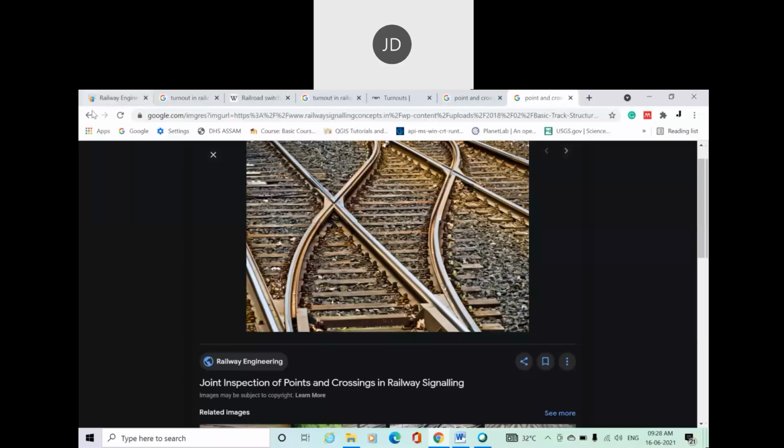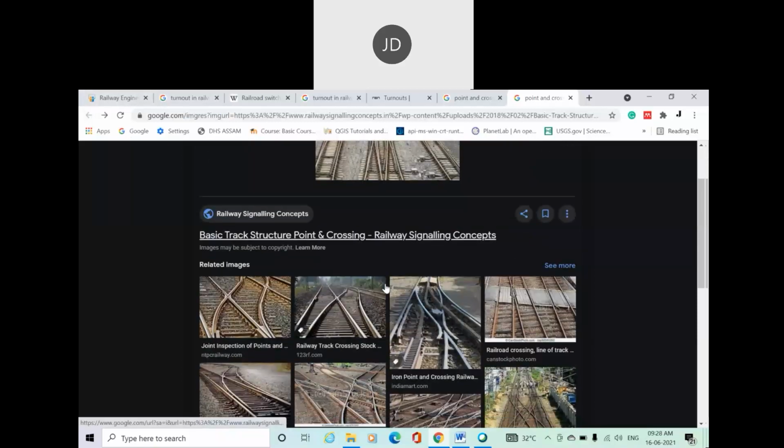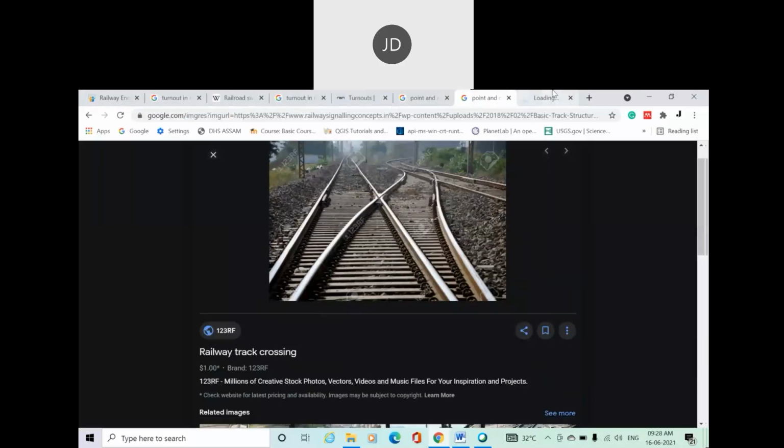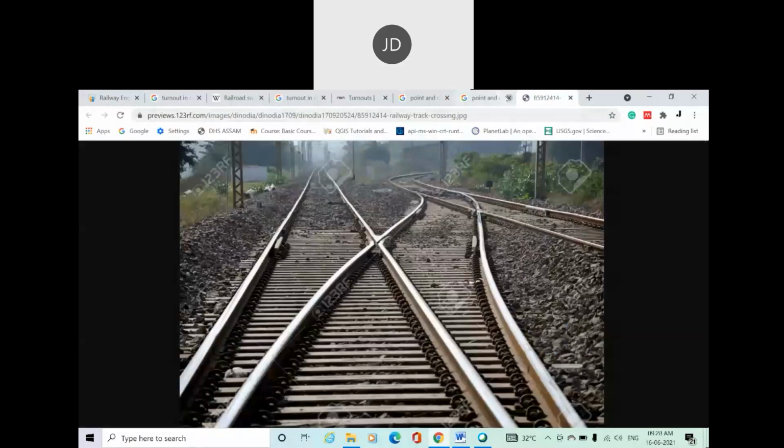Okay, so I'll show you a good view. Yeah, this one is a good picture. Let me make it larger. Now in this picture, you can see this section of a railway track is known as turnout.